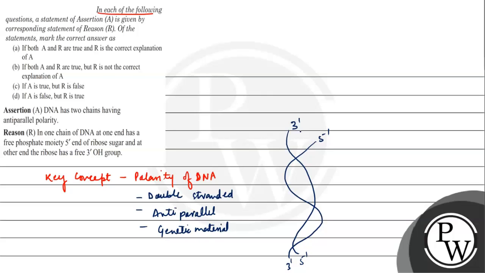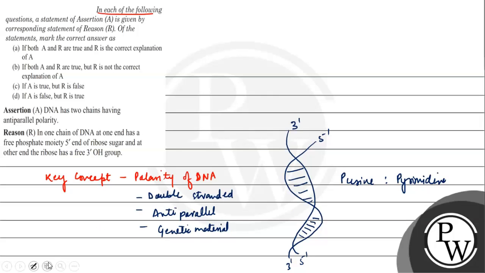That means two opposite polarity strands of DNA will get bonded with the other strand by hydrogen bond. By hydrogen bond, the nitrogenous bases will be joined and the ratio of purine to pyrimidine will remain constant throughout this DNA strand.